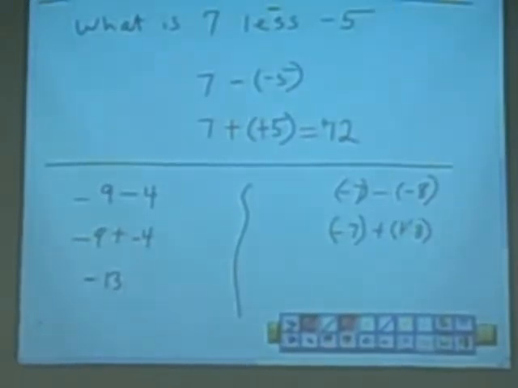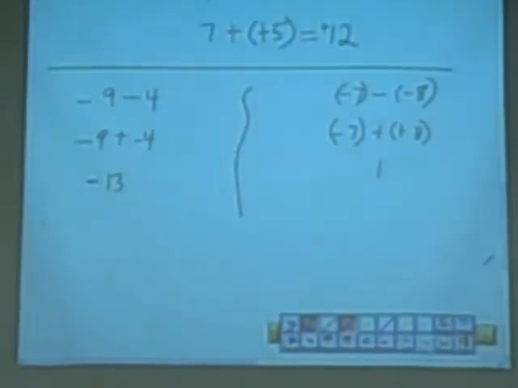Subtracting, right? Because the signs are what? Opposite. And so you're going to end up with what for an answer? 1. Now, it's a positive because why? Because we have more positives than we have negatives, right?